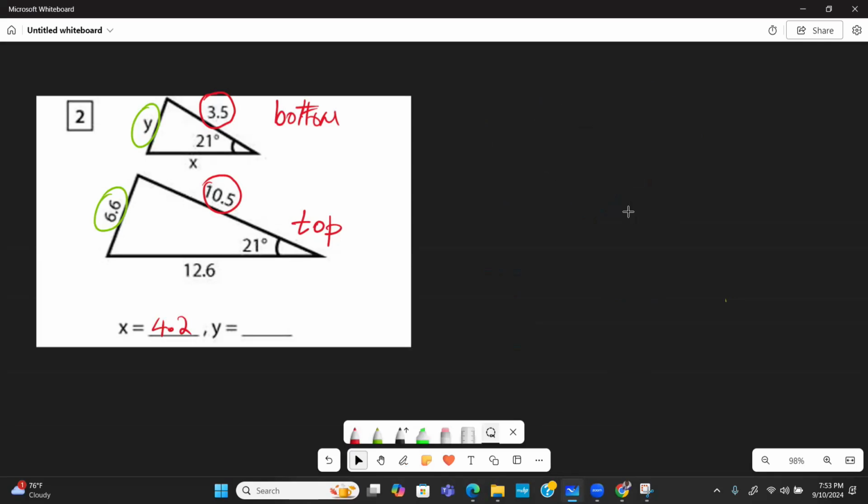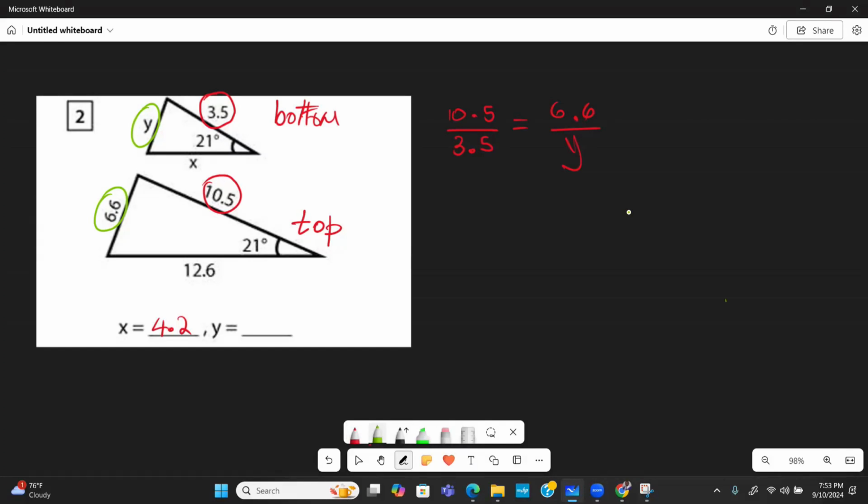All I have to do here is put my known corresponding sides as a fraction again, which is 10.5 over 3.5. It is equal to 6.6 over y. These ratios are equal, so I can solve here.